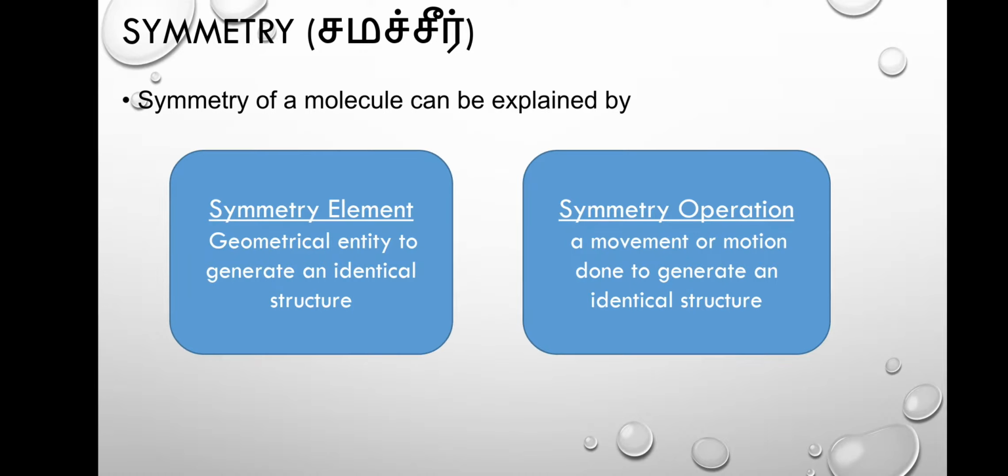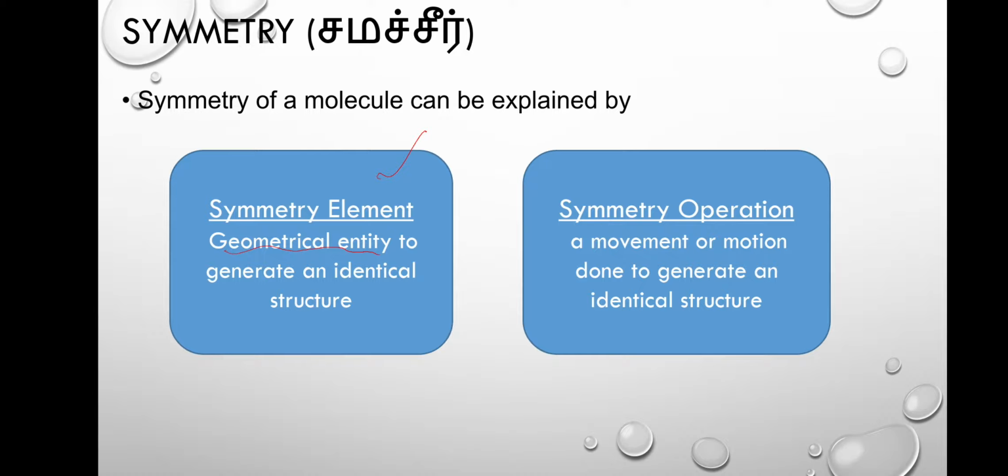In the study of symmetry, we have two things. One we call a symmetry element. A symmetry element is a geometrical entity used to generate an identical structure. A geometrical entity can be a point, a line or a plane.